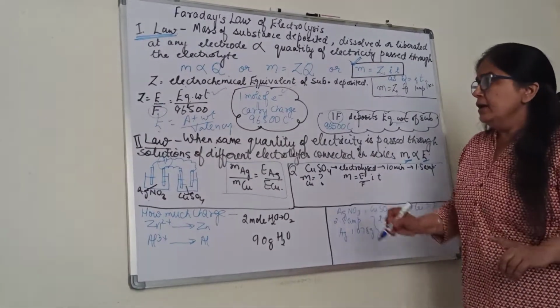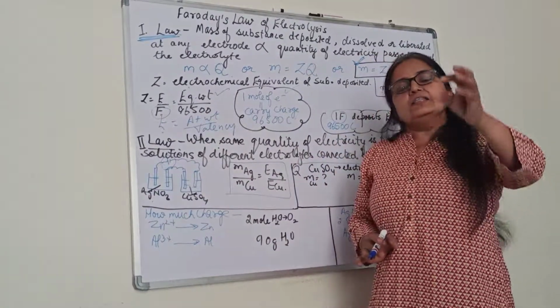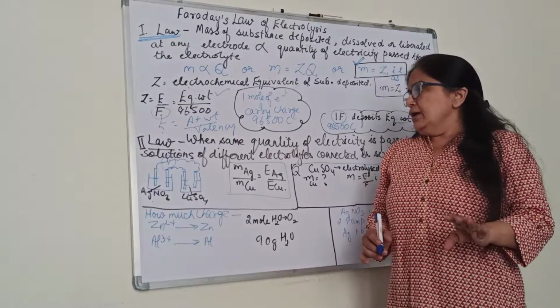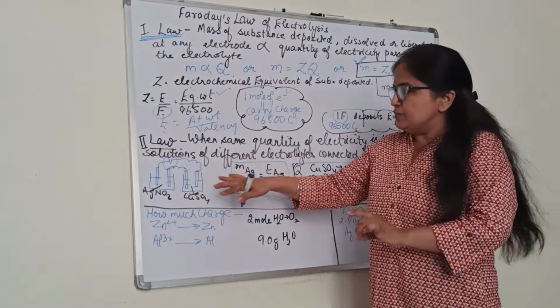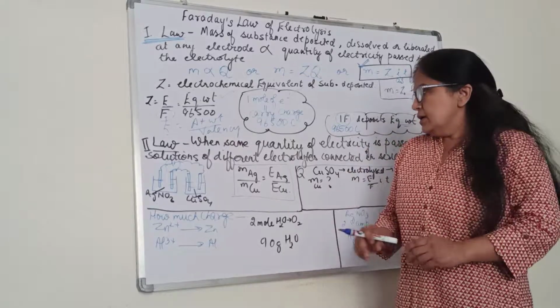I'll repeat again. When a number of electrolytic cells are connected in series and the same quantity of electricity is passed through them, then the amount deposited at the respective electrode will be directly proportional to their equivalent masses.